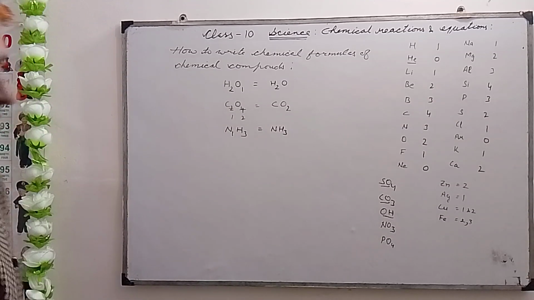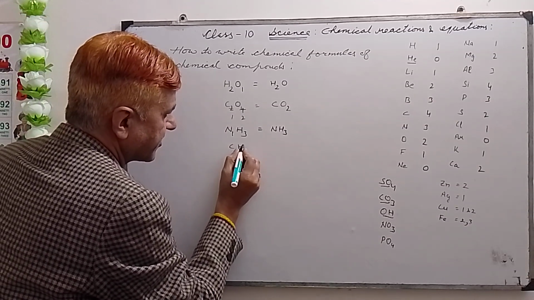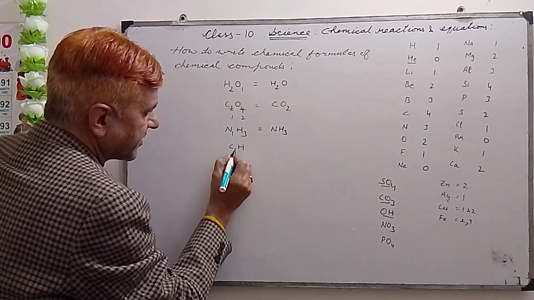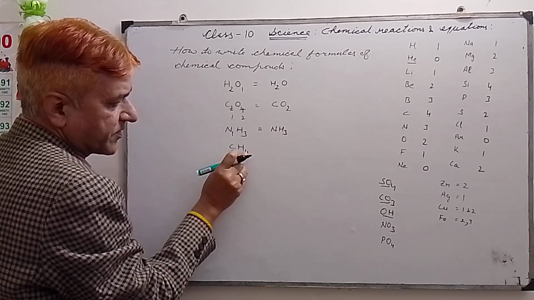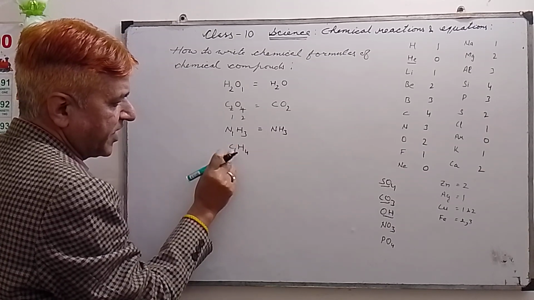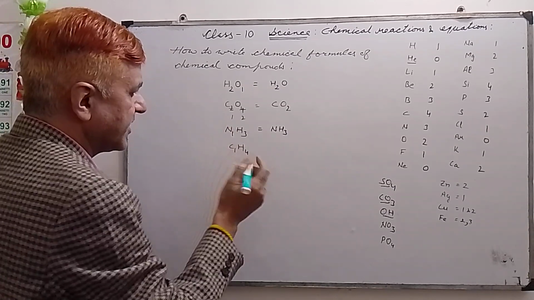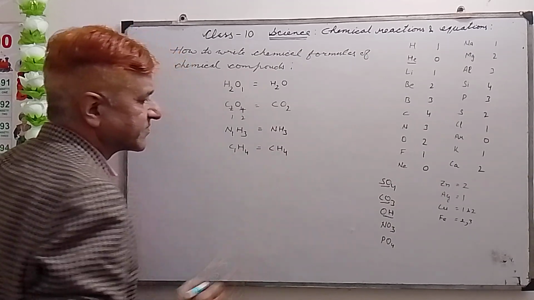Then we have methane, made up of carbon and hydrogen atoms. The valency of hydrogen is 1 and the valency of carbon is 4. So 4 becomes the valency of hydrogen and 1 becomes the valency of carbon. Exchange of valencies. So we can write CH4.